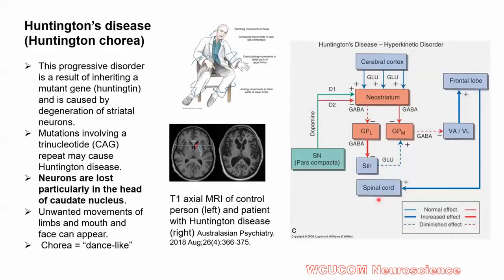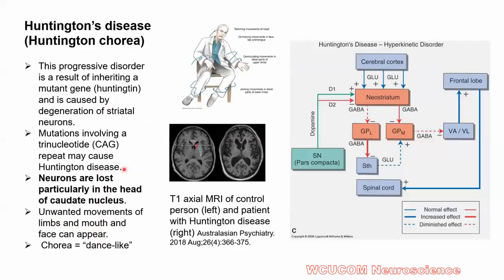The prototypical disease is Huntington's disease or Huntington's chorea. Strange, unwanted, dance-like movements of upper and lower limbs, head and neck, and mouth and face can appear.